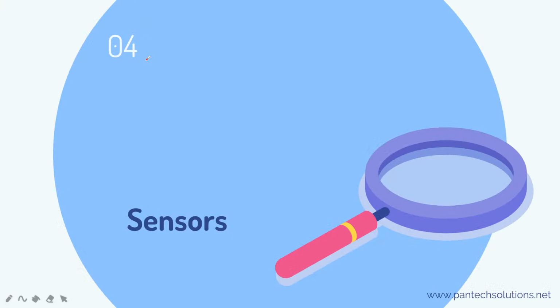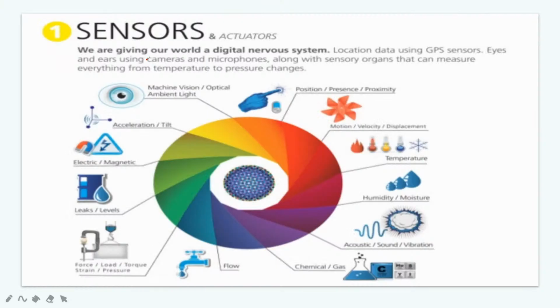What are the sensors available for data science, to collect the data? First one is machine vision. Then the ambient light sensor, that is the optical ambient light sensor. Most mobile phones use this sensor.